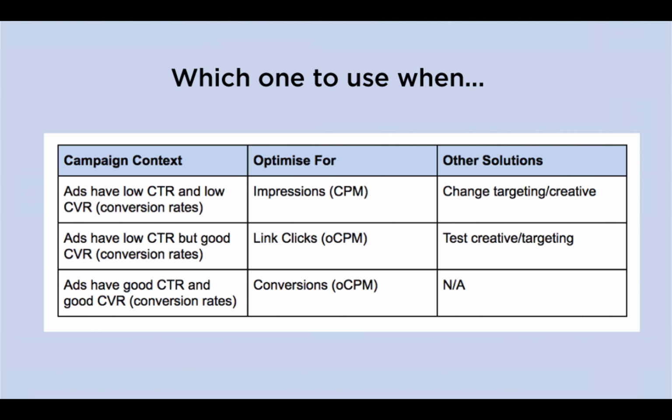However, what you'll see under your ad delivery optimization options is link clicks is usually an option in there. And normally that's when you want to switch that, is when you have a low click-through rate but your CVR is good, so you essentially just want to drive more clicks, cheaper clicks to that landing page. And also you should be testing the creative and targeting here as well.